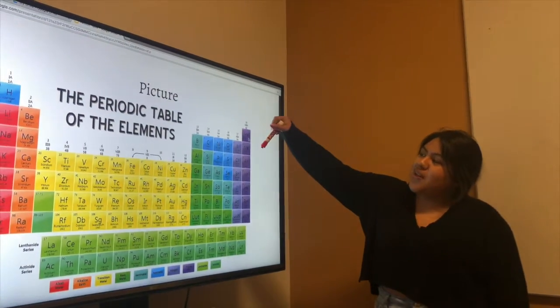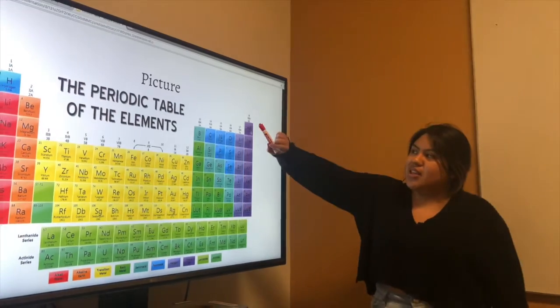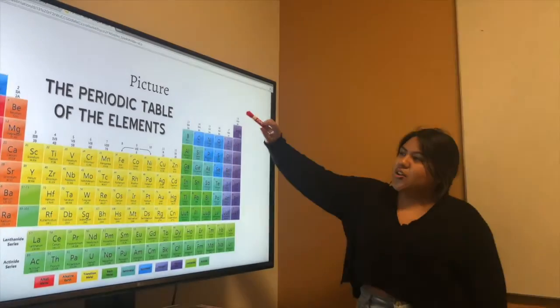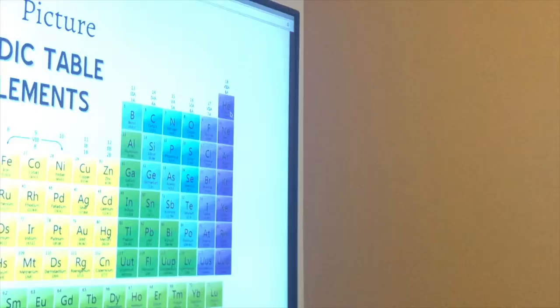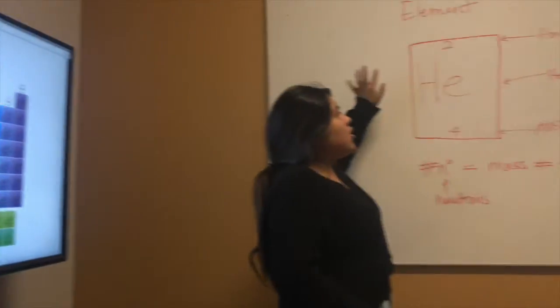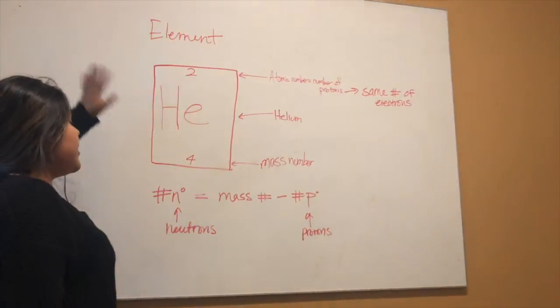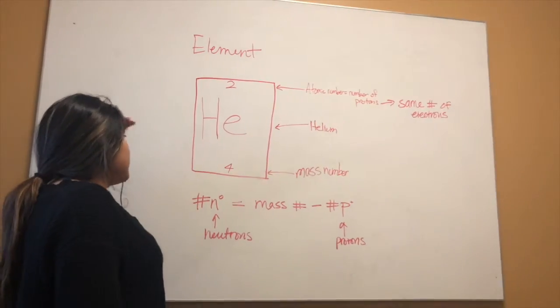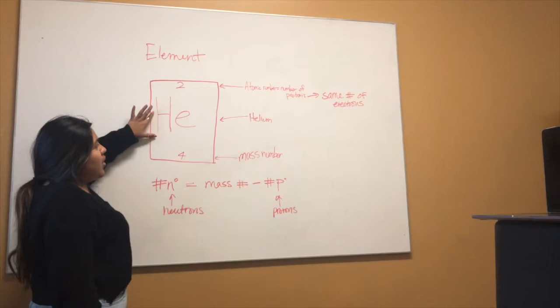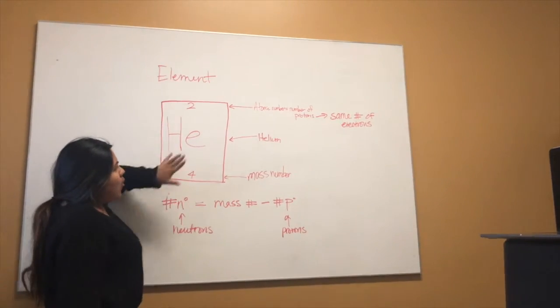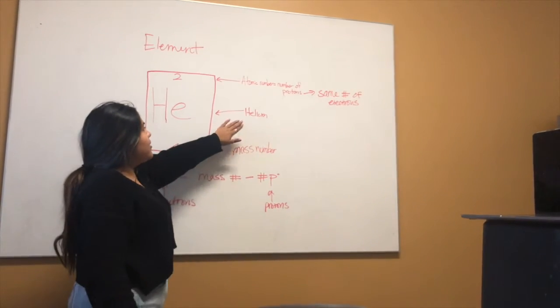So now I'm going to talk about a specific element, which is going to be helium, which is located in group 18 in the periodic table. It has been drawn out here on the board to go step by step about what each thing on the element means. The main thing we want to focus on is the helium element, which is He, which stands for helium.